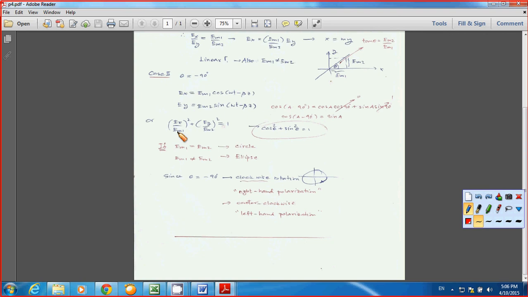If EM1 equals EM2, this is going to be your circle equation, right? But if EM1 is not equal to EM2, it's going to give you an ellipse. And since theta equals negative 90 degrees, when you rotate, it gives you clockwise rotation, and this we call right hand polarization. But if the phase difference is positive, that means it goes counterclockwise, and it gives you the left hand polarization.